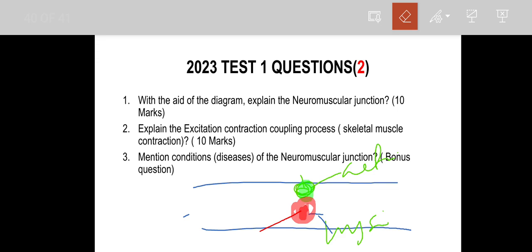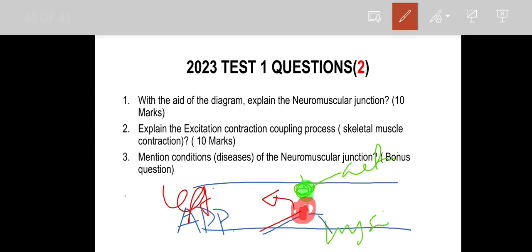Then let's see what happens when ADP binds. When ADP binds, it increases the affinity between actin and myosin. But remember, this ADP is with a phosphate from the hydrolysis of ATP. So when ADP with phosphate combined bind to myosin, the affinity increases. But when a phosphate detaches from ADP, it causes the myosin head to move towards the left here.